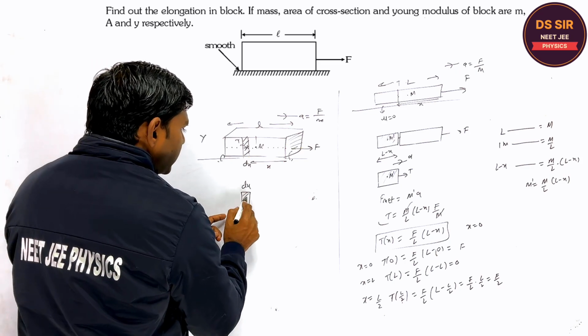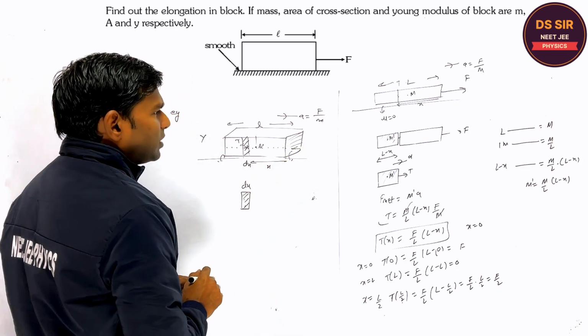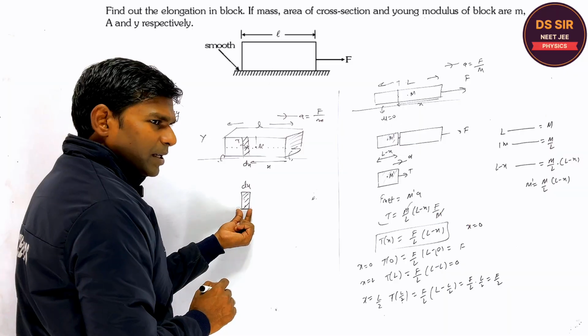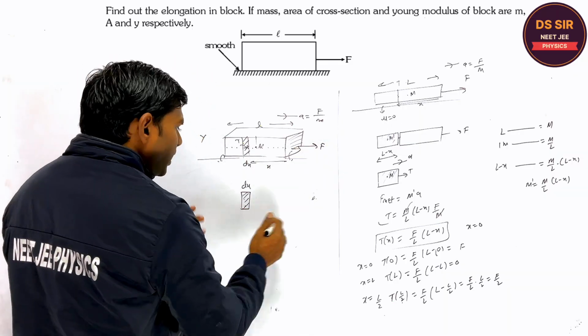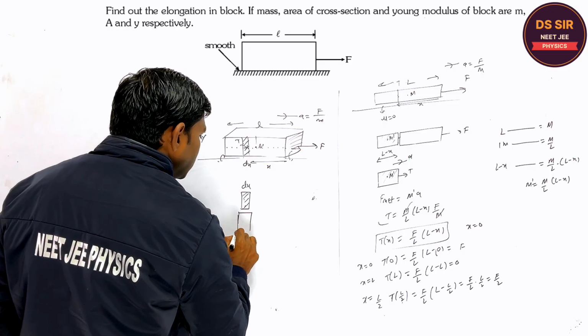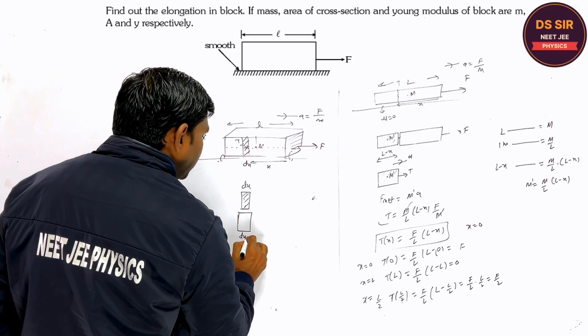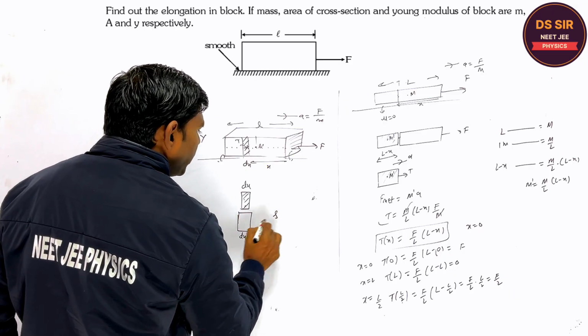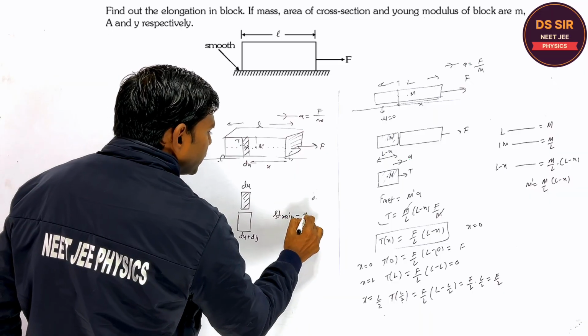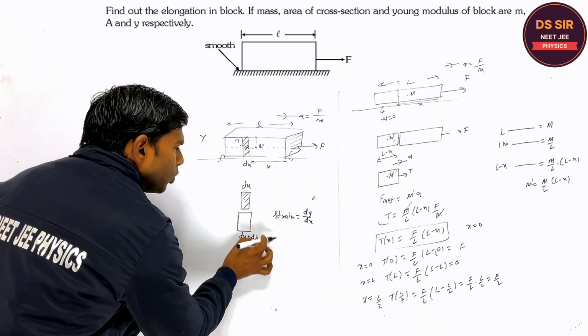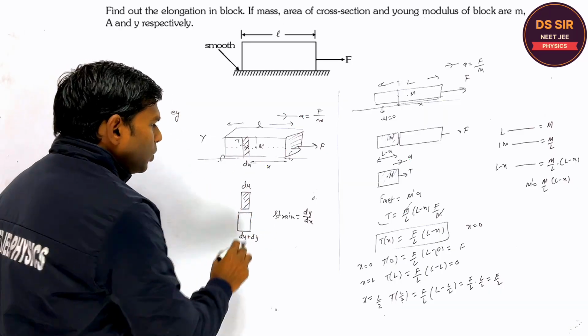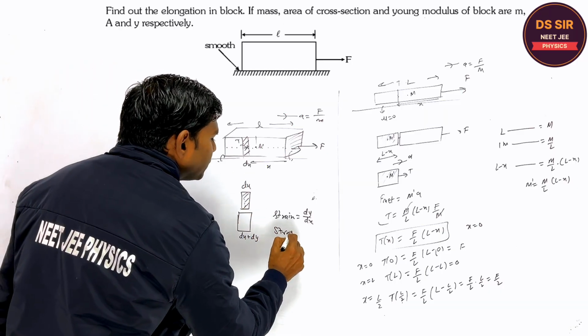Initially, when no force is applied, it will remain dx. When the force is applied, it comes under tension and there is some elongation in this portion, and it becomes dx plus dy. So what is the strain developed? Say dy upon dx. dy is the elongation in the elemental part dx. What is the stress over here, you tell?